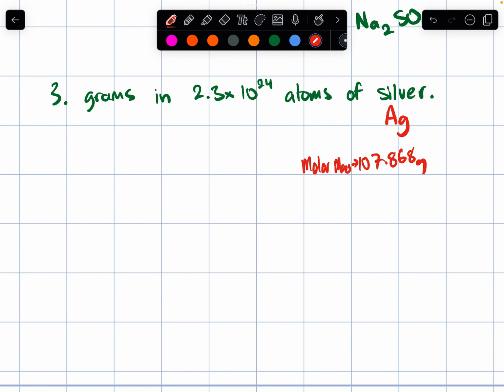Now this number of atoms, we're going to need to use Avogadro's number, or whatever you want to call it, which is 6.022 times 10 to the power of 23. So if there were this many atoms, it would be 1 mole. But it's this many atoms. So we're going to divide this by this, and that's going to be our number of moles.